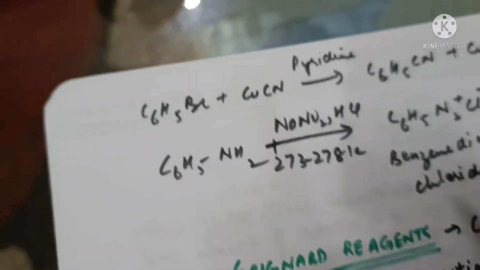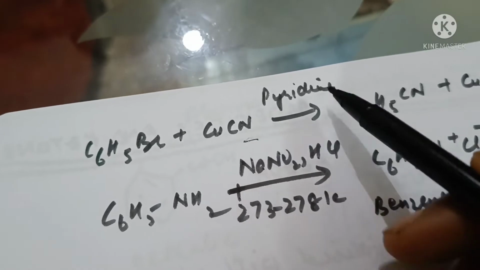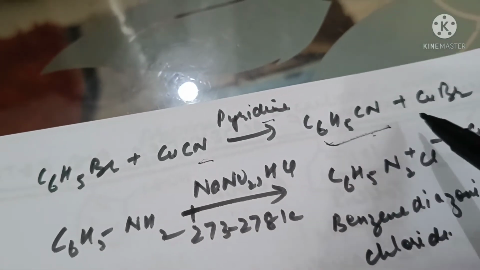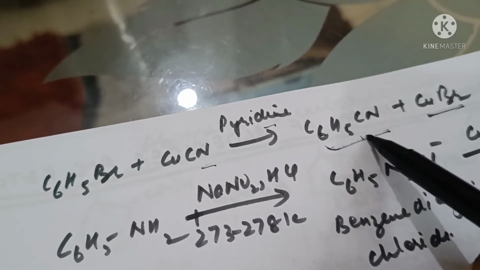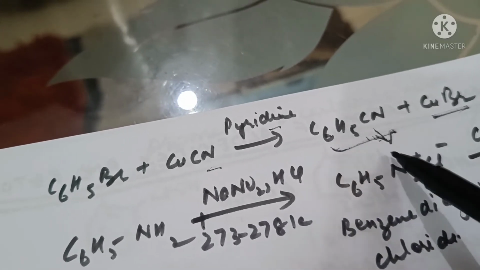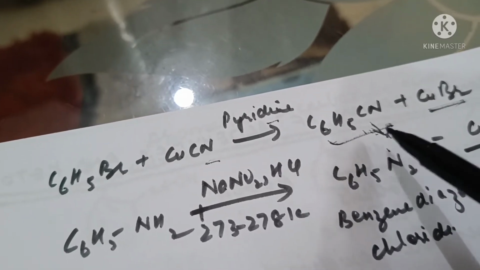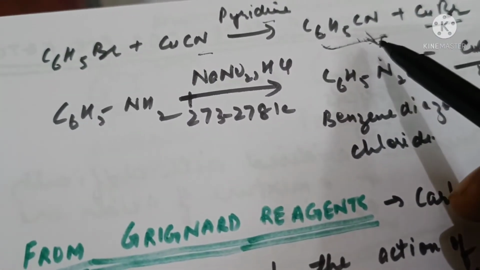So aryl halide, when treated with copper cyanide in the presence of pyridine, can form phenyl cyanide. This phenyl cyanide can be hydrolyzed with water in presence of alkali or acid to produce the respective acid.